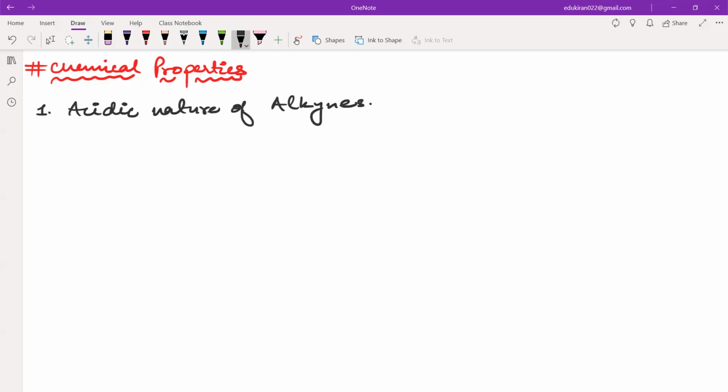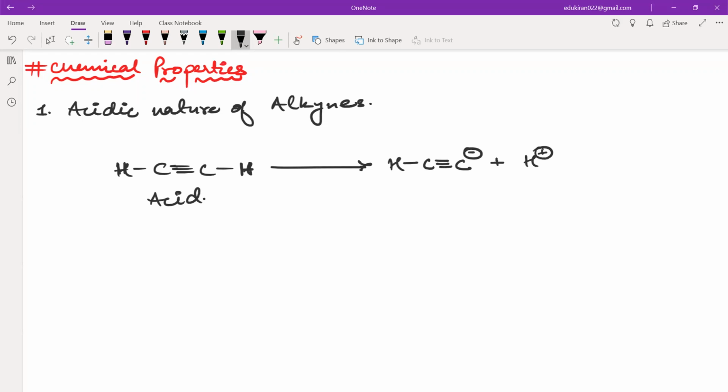If you see an alkyne, which is H, C triple bond C, H, these hydrogens are acidic hydrogens. They can be liberated. So what is going to happen if I remove one of the hydrogen atoms? We'll have H C triple bond C negative. This is my acid, and you will get H plus ion.